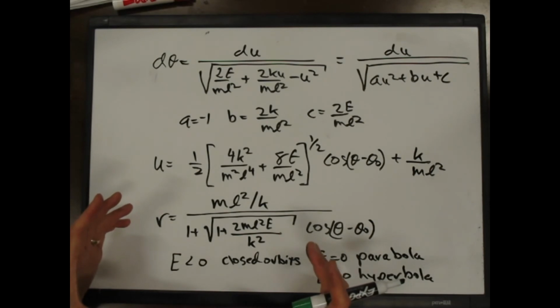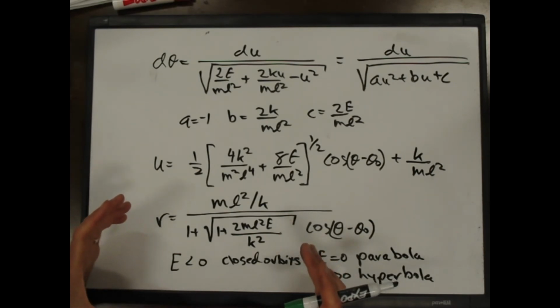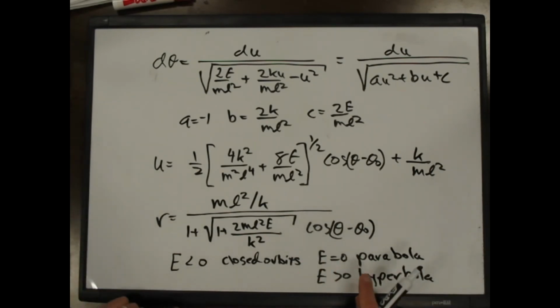It's kind of trapped. Its energy isn't high enough to escape. If E is equal to 0, then it's a parabolic orbit, and that's just enough to get it away. And finally, if E is greater than 0, the orbit is then hyperbolic, and the orbiting object gets to infinity and still has energy left over.